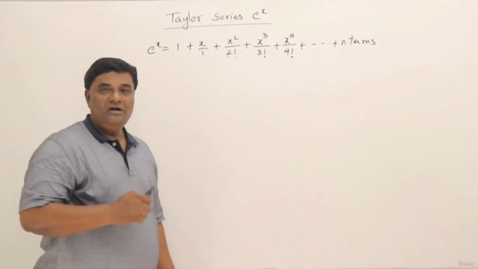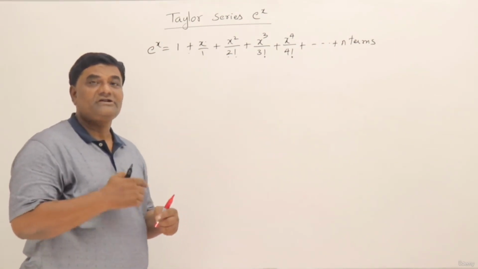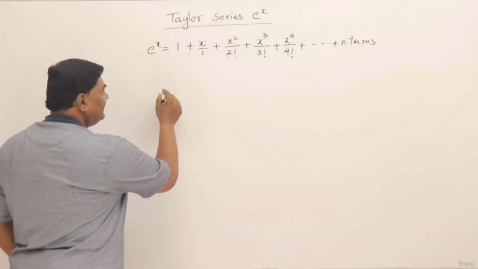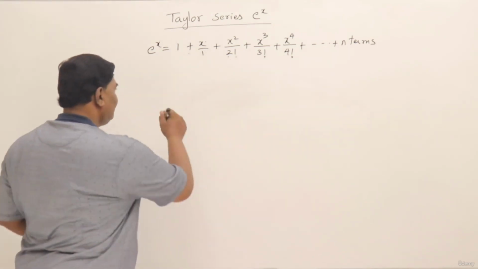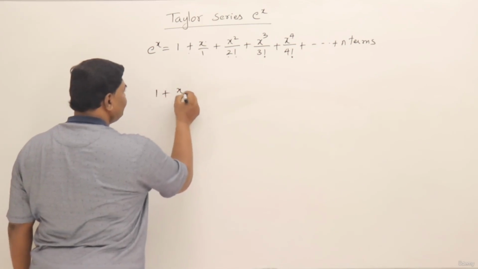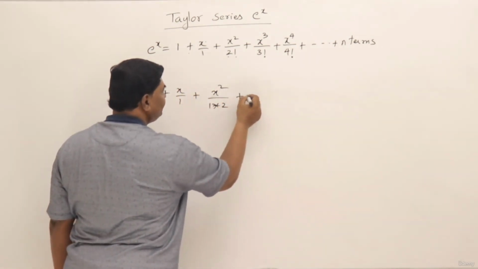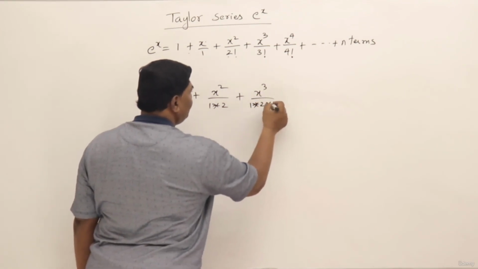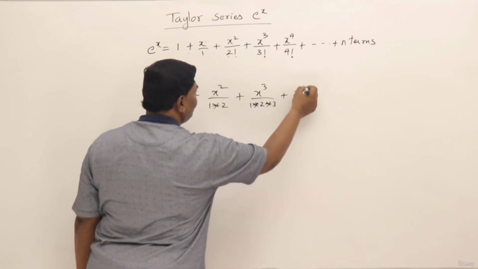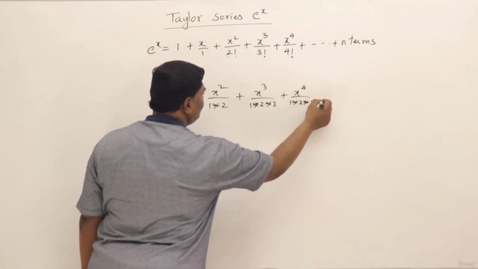Now I'll show how we can reduce multiplication. Here I can take the terms common. Let us start. I will take up to power 4. I will rewrite that formula: 1 plus x by 1 plus x square by 1 into 2 plus x cube by 1 into 2 into 3 plus x power 4 by 1 into 2 into 3 into 4.